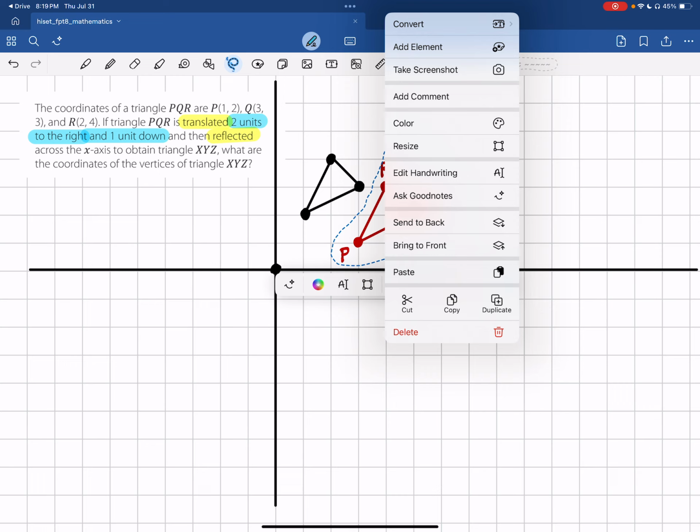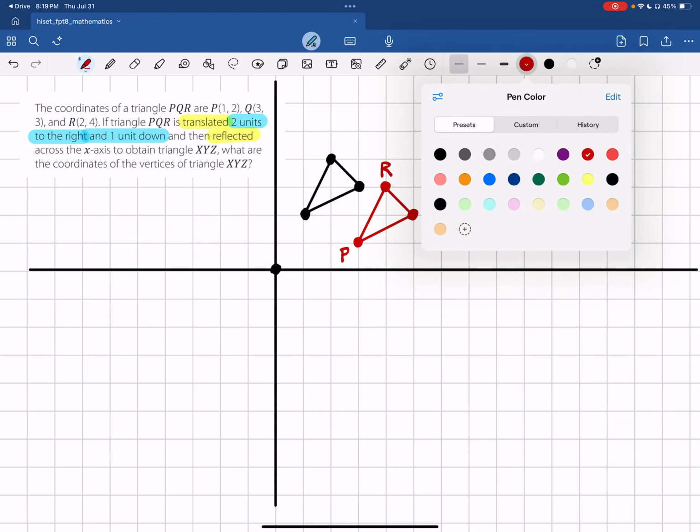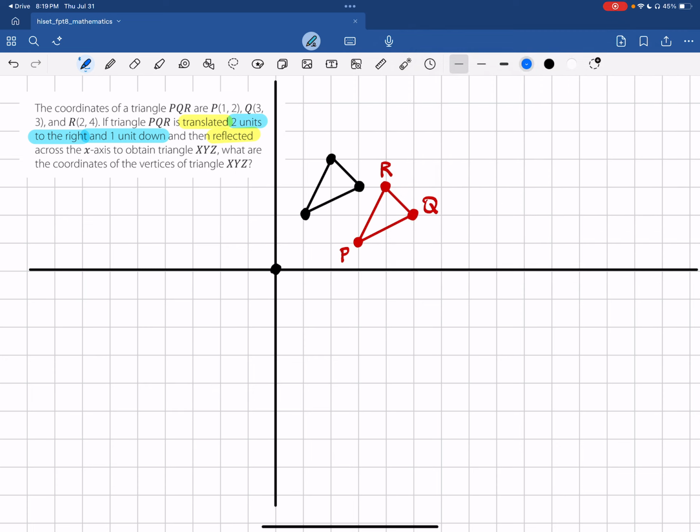You can on some programs, but I can't on this one. We are going to make a mirror image of it across the x-axis. So we're going to flip it upside down across the x-axis. Let me see if I can draw it for you in a way that you will be able to see it. So remember, if we're going across x, the x value does not change. It just flips across the x-axis.